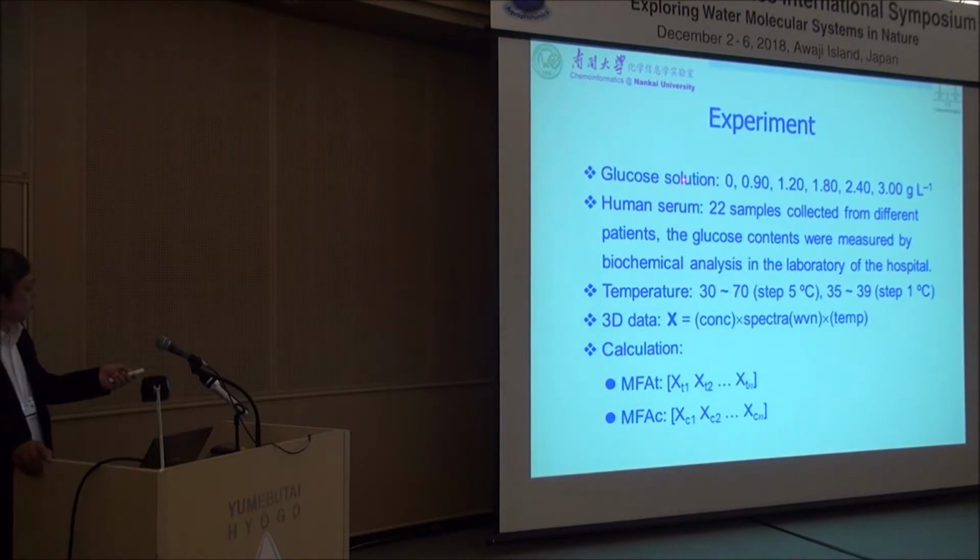Glucose solution with different concentrations, and there are 22 serum samples from the hospital, and we measure the spectra at different temperatures, and we get a 3D data matrix. And we can calculate in two ways. One is to align the data matrix along the temperature, or we can align the data blocks according to the concentration.